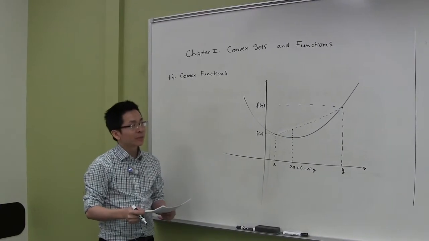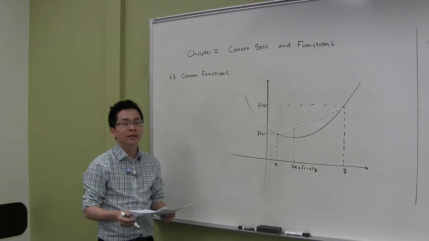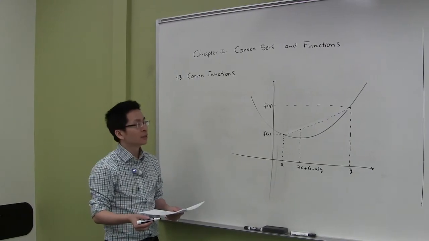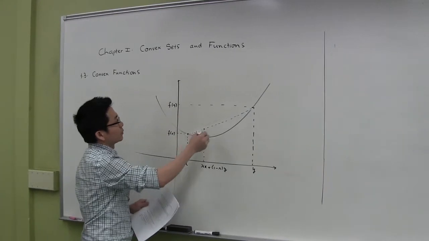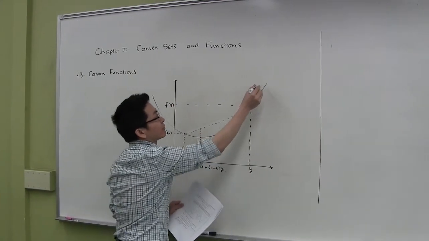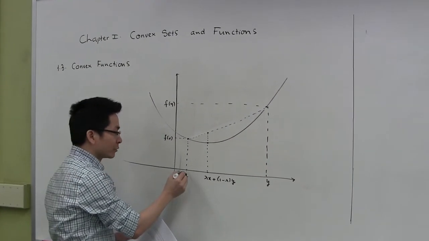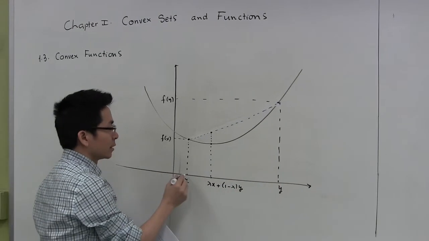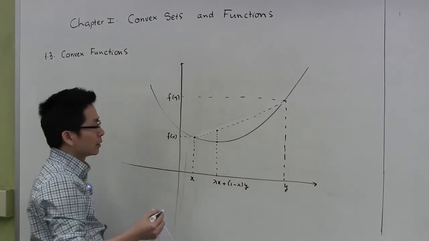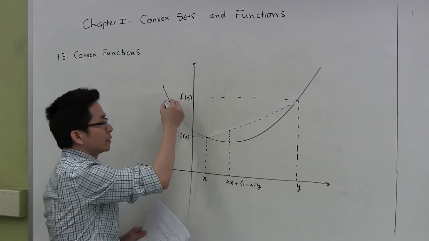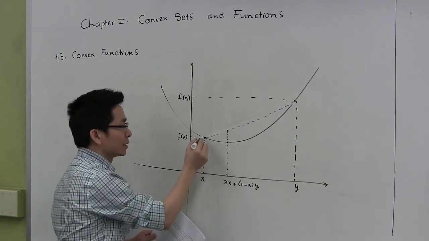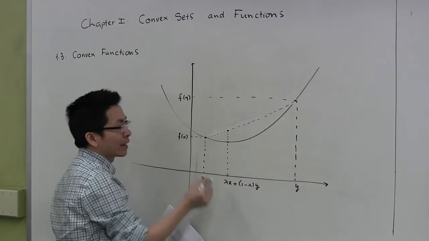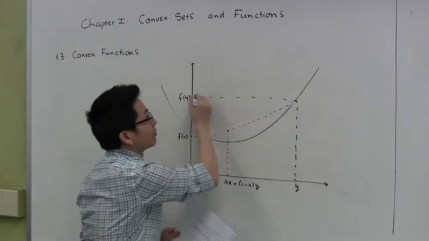Now I'm going to explain the convexity of functions using geometric interpretation. So now this is the graph of a convex function. Here, if we have 2 points x and y in the domain of the function, then we draw the line segment connecting 2 points x, f of x and y, f of y.